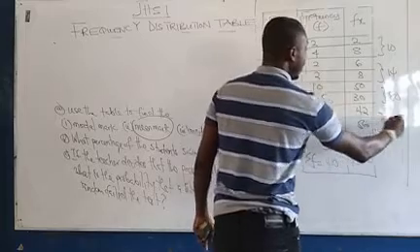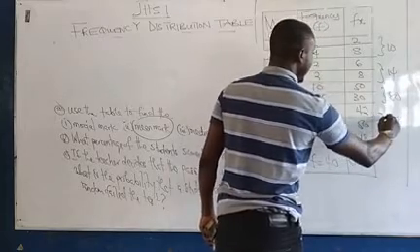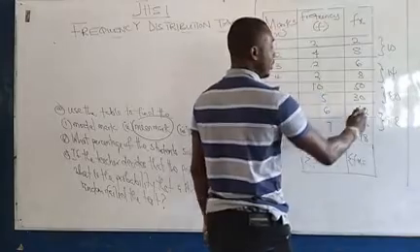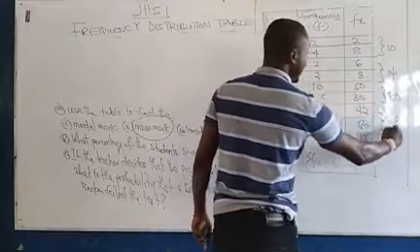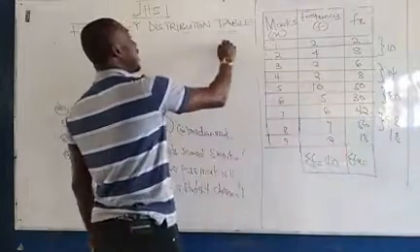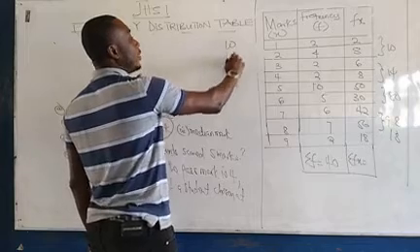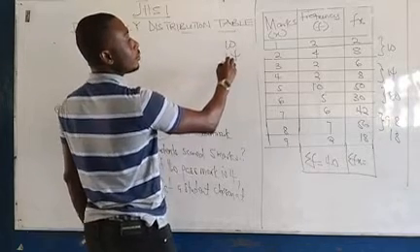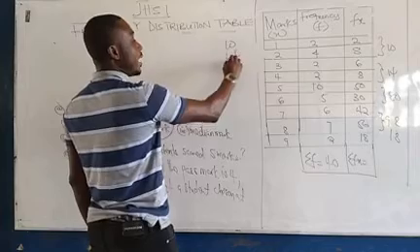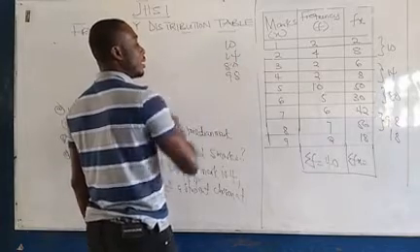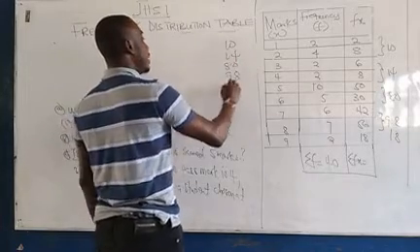Add this and this. So the figures are 10, 14, 80, 98, 18.